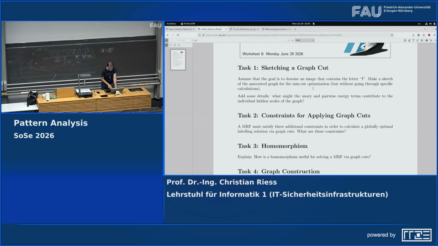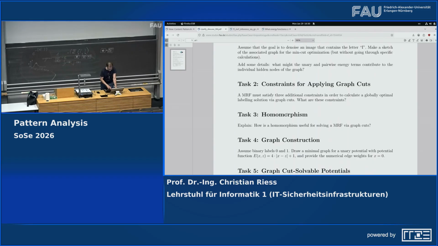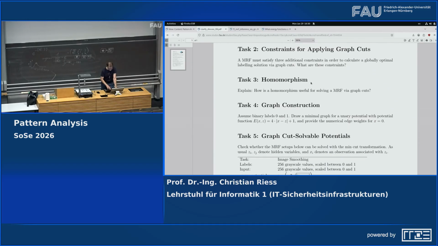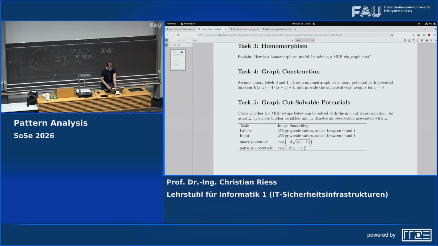But it doesn't need to be the first task necessarily. So we can also first talk about the constraints, or what was this homomorphism. This is more or less just a restatement of the slides. This can be a useful exercise, that we construct a unary potential.